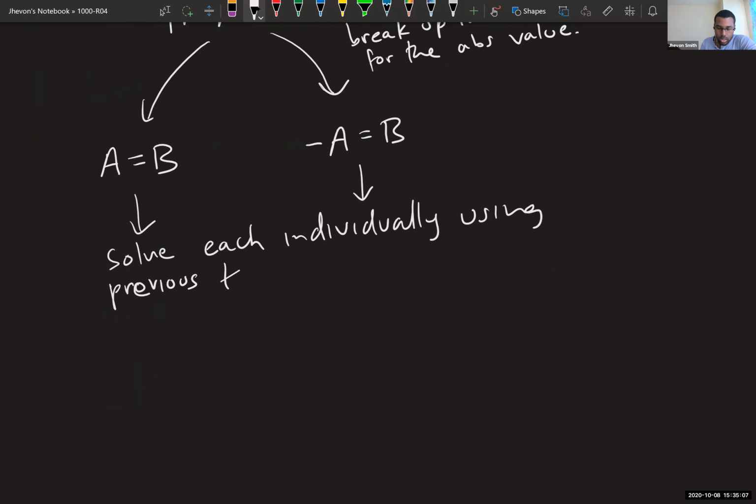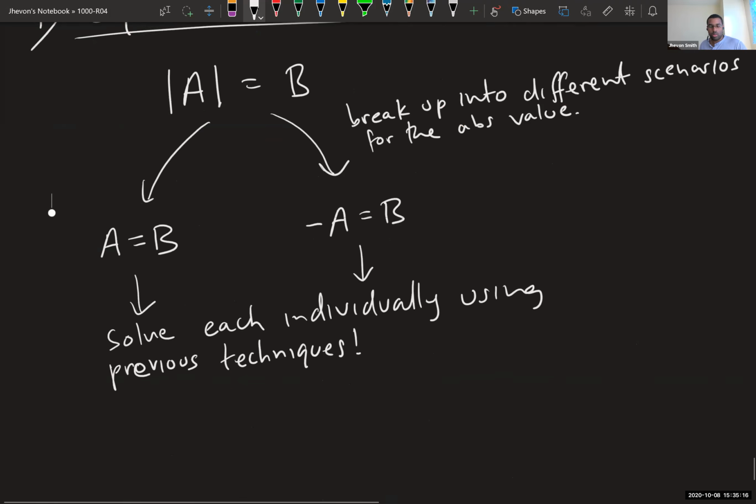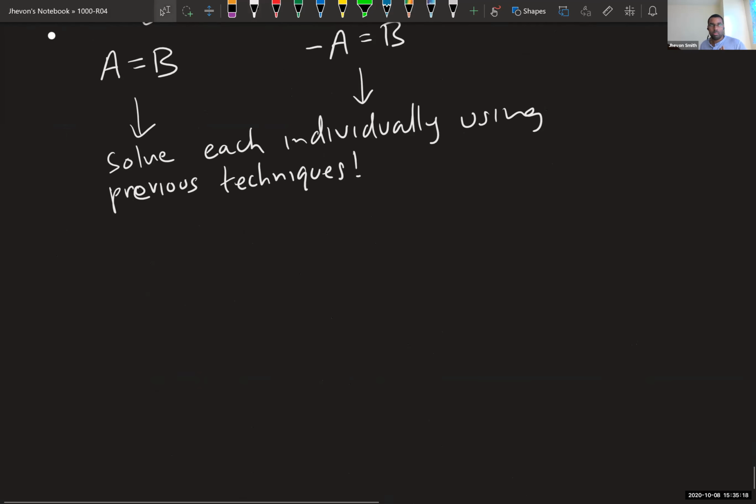Using previous techniques. Can I give an example here? Something like if I have the absolute value of x plus 1 equals 4, right? I would say this breaks down into 2 situations.